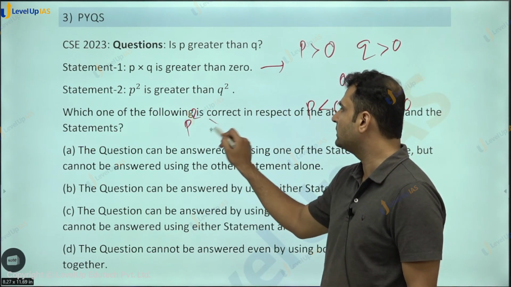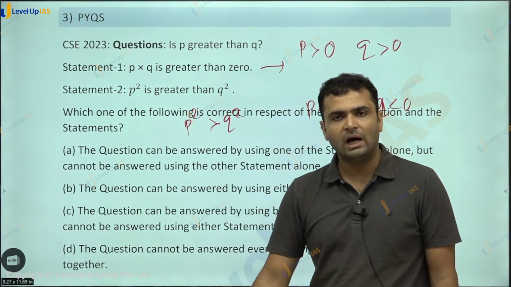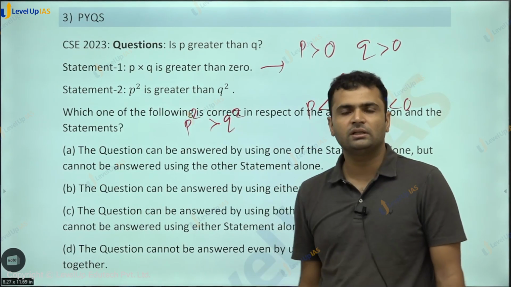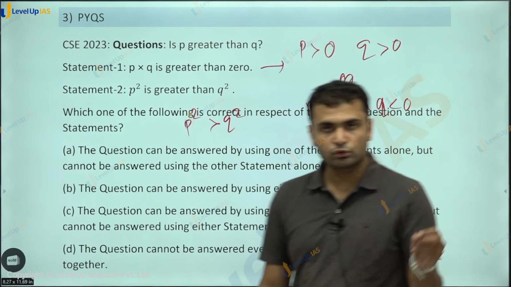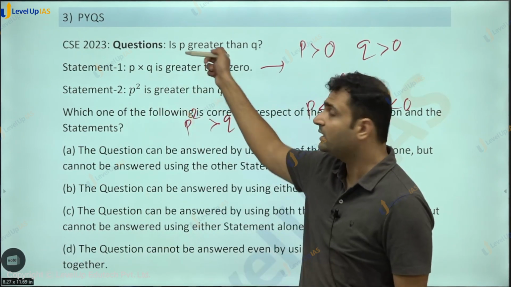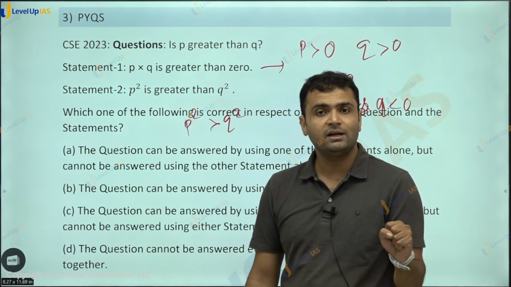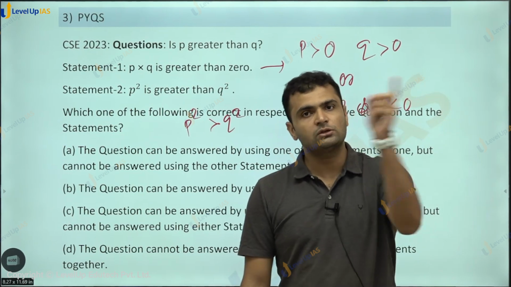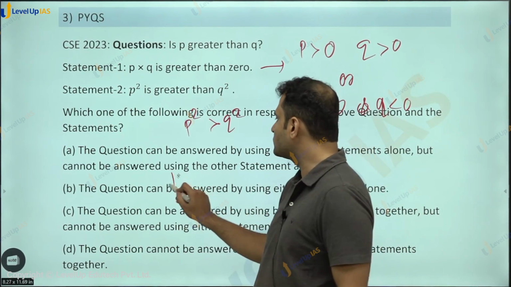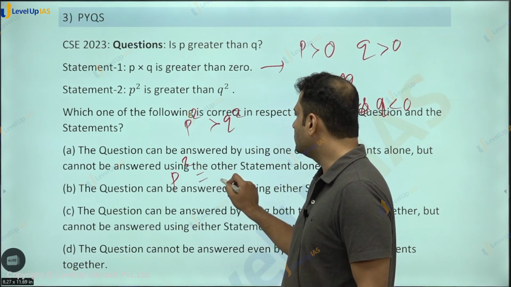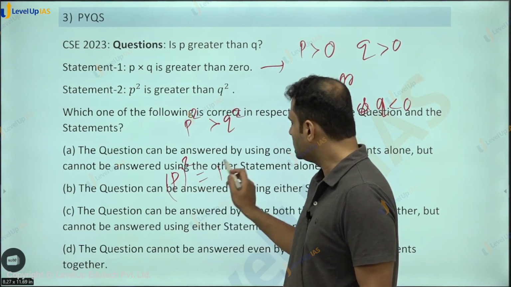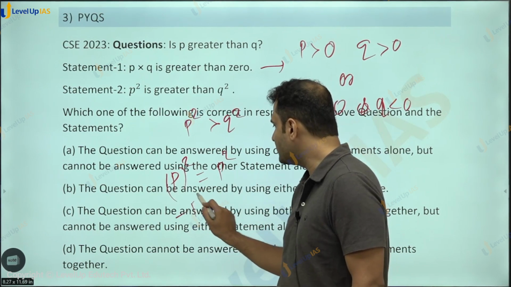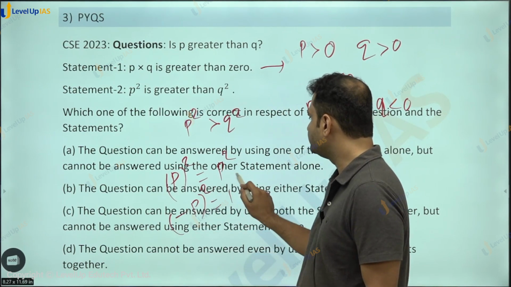Next, statement 2, P square is greater than Q square. Now, if P square is greater than Q square, we want to talk about P and Q now. But remember that the square of a negative number is also a positive number. So the square of P is P square, and the square of minus P is also P square.